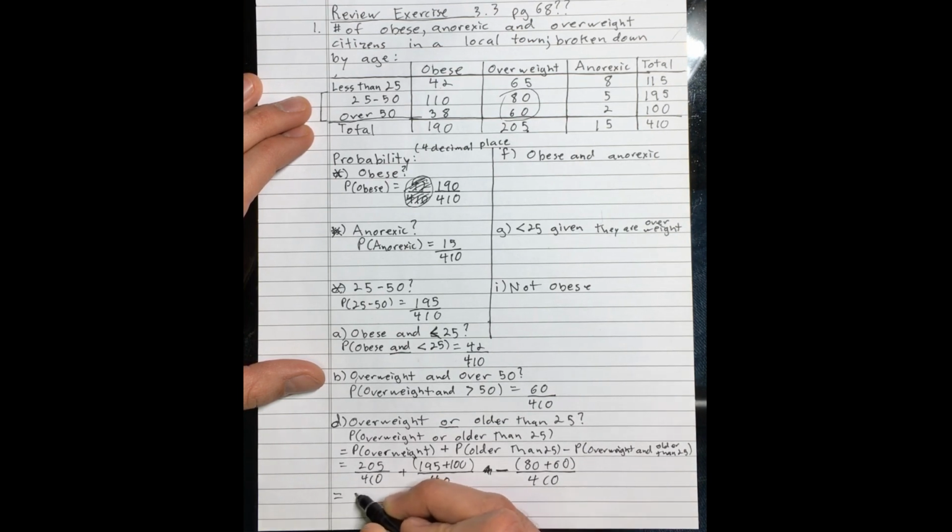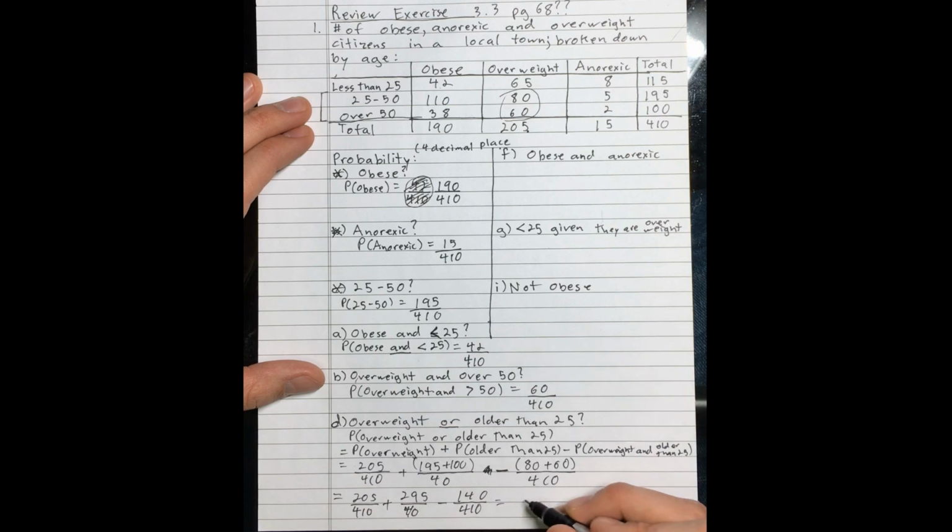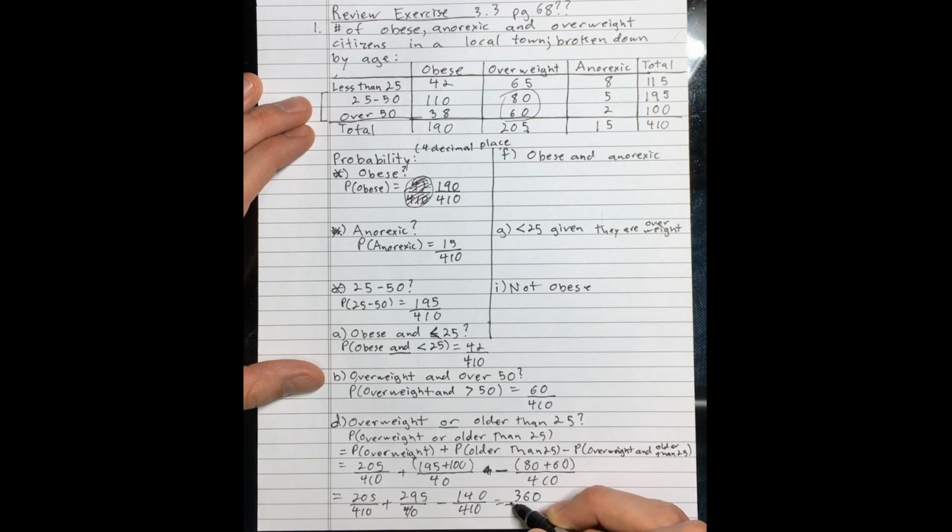So this is going to give us 205 over 410 plus 295 over 410 minus 140 over 410. Okay, so I think what we get here is 500 minus 140, which is going to be 360 over 410.